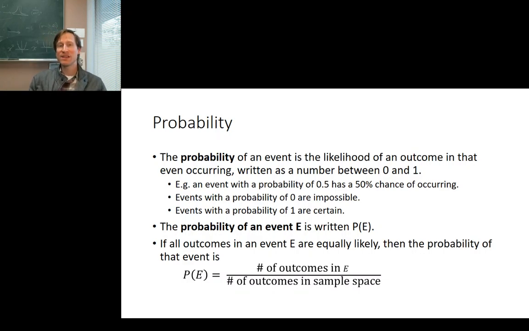And if all of the outcomes in an event are equally likely, then the probability of that event occurring is the number of outcomes in E divided by the number of outcomes in the sample space. So it's always this ratio. Notice to know the probability of the event, you have to know what the sample space is so that you know how many things are in it.